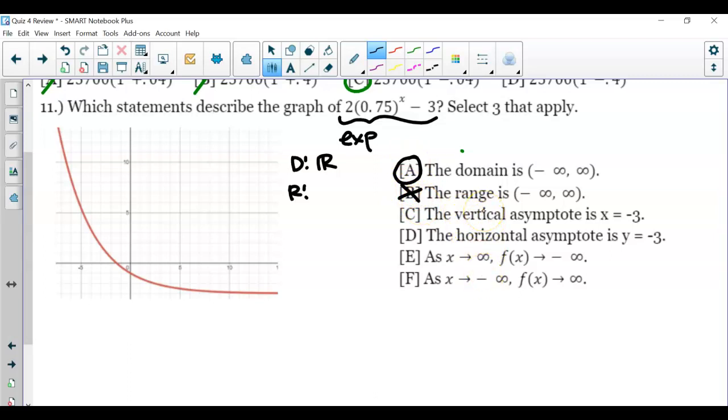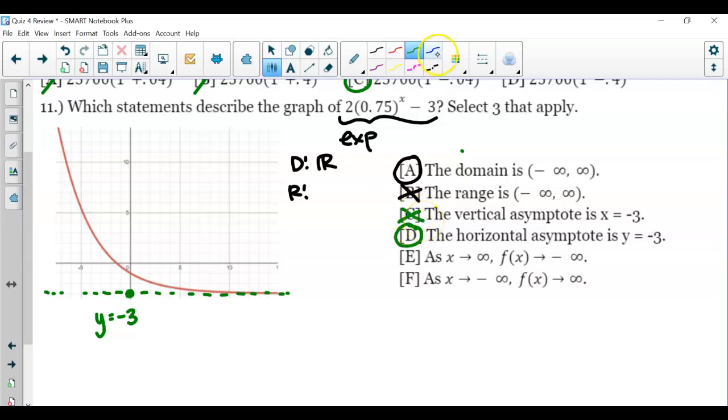So I'm going to continue on. We have always, for an exponential, the horizontal asymptote. So notice how here we have a horizontal asymptote crossing our y-axis. So y is equal to -3. So that's why the answer here is D and not C.